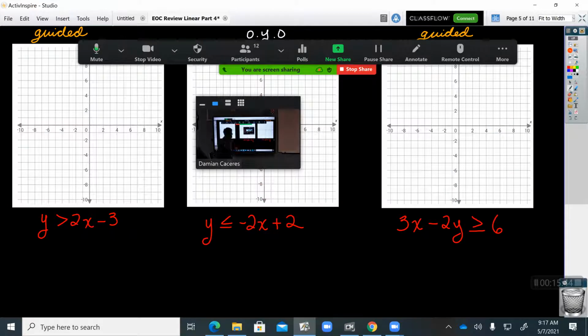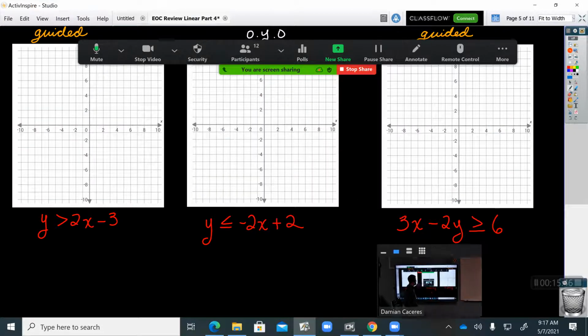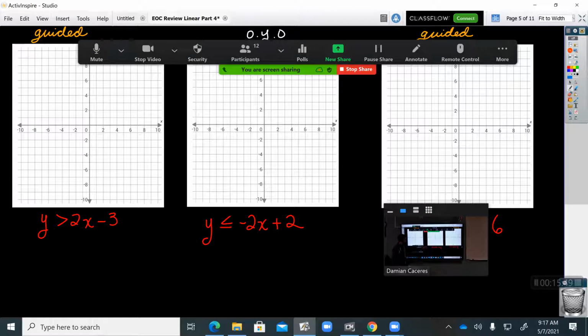Now, notice the difference between what we've done so far and what we're about to do here. Okay? These are inequalities, not equations. Don't worry, you do them the same way. So let me write down 2 little quick notes here that are all you have to think about when you do this.